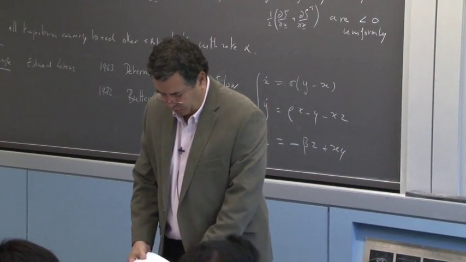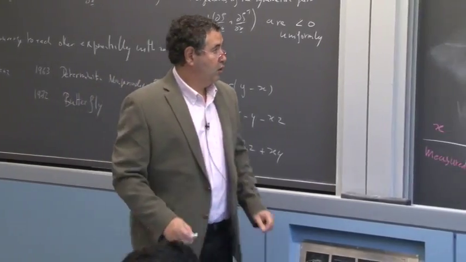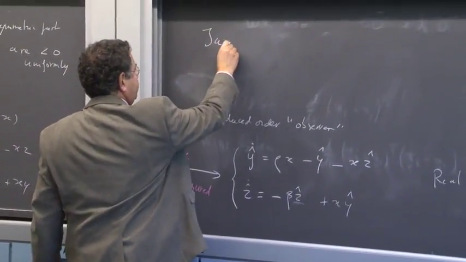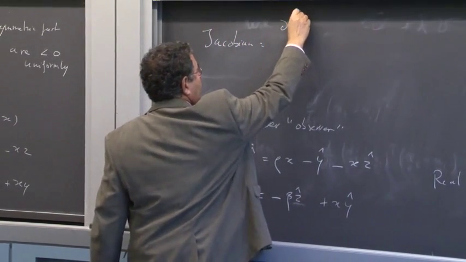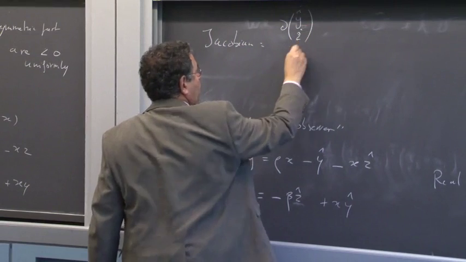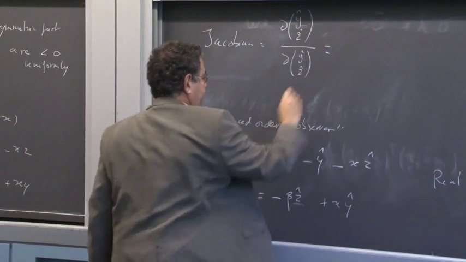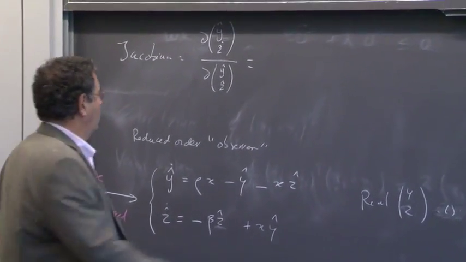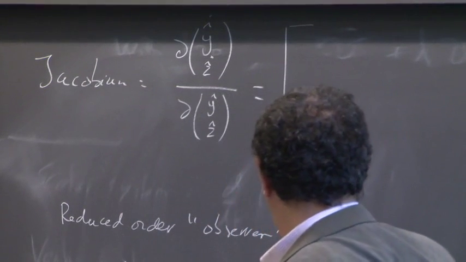By the way, I'll give you a couple of notes on this, right? So what is df over dx? Okay, so the Jacobian. So in other words, d of y hat dot, z hat dot over y hat, z hat. Can somebody tell me?